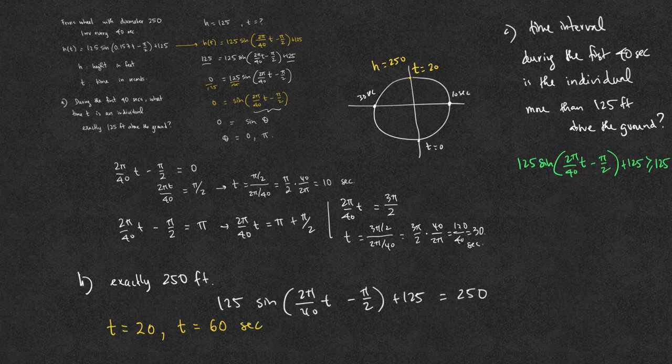But we can just simply look at this Ferris wheel here. The person is above 125 feet from t equals 10 to t equals 30. The interval we're looking for is 10 to 30, and it is an open interval.